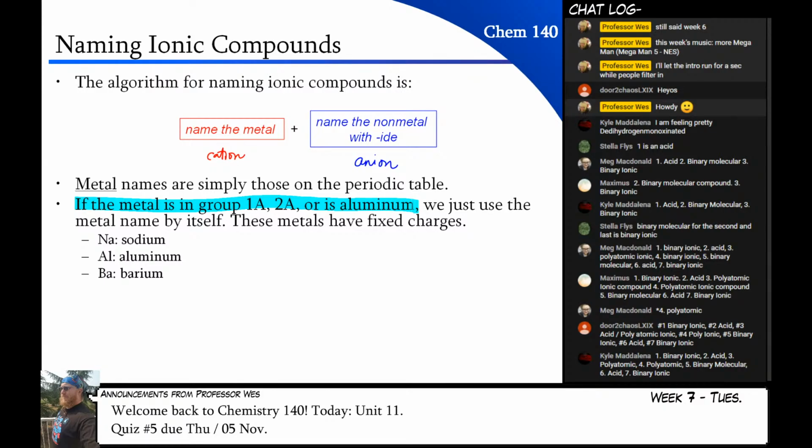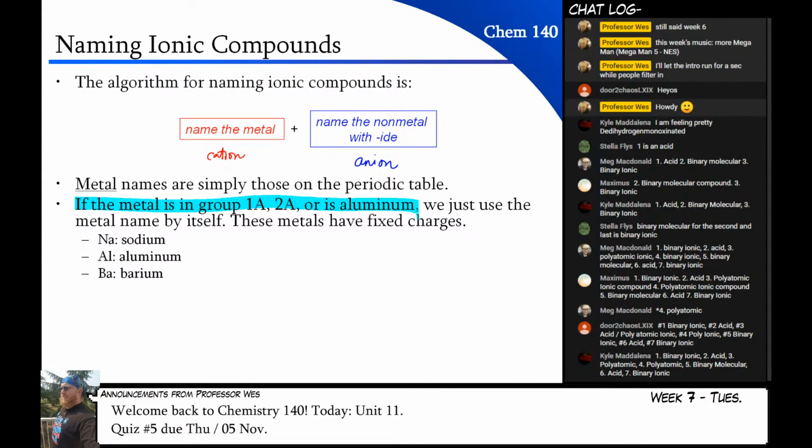Now, depending on the text that you were reading, you'll note that there are some exceptions that are included here. So your text might say that gallium, zinc, cadmium, and silver are all also part of this. I'm not going to test you on that. I'm only going to test you on these, group 1, group 2, and aluminum. If you are using one of those metals, again, in group 1A, 2A, or you're using aluminum, you just write its name.